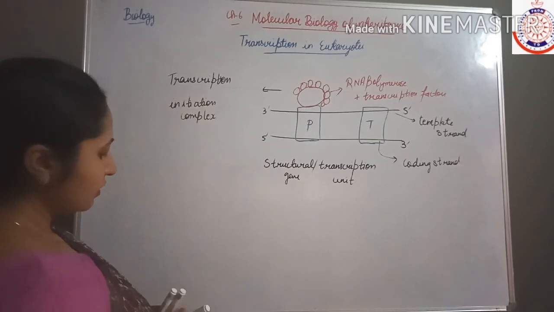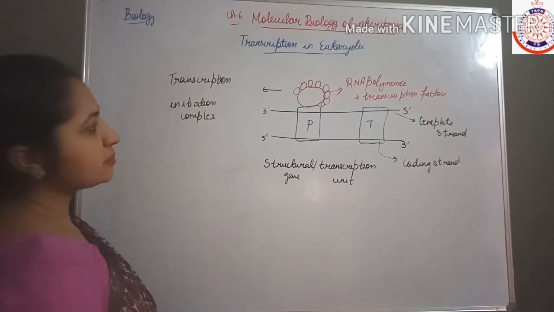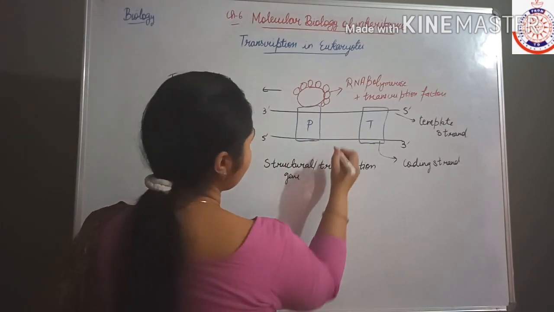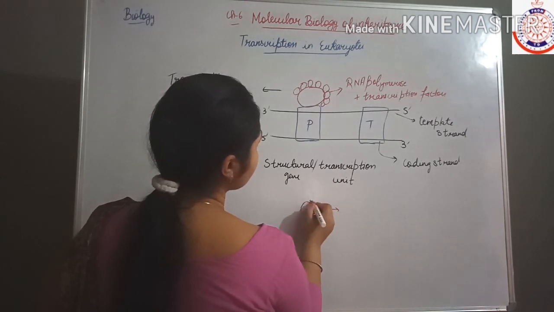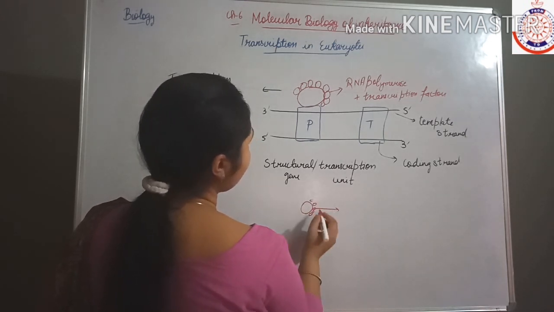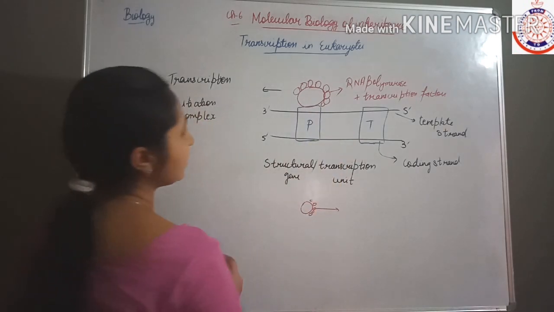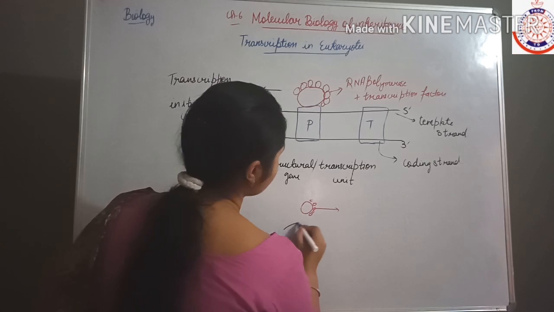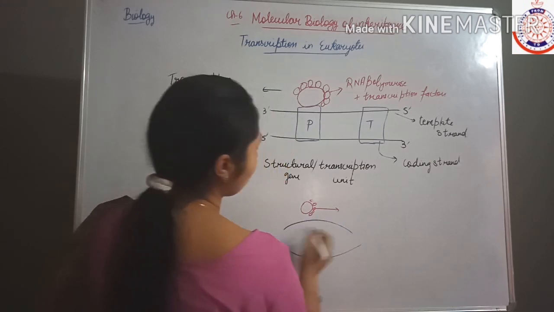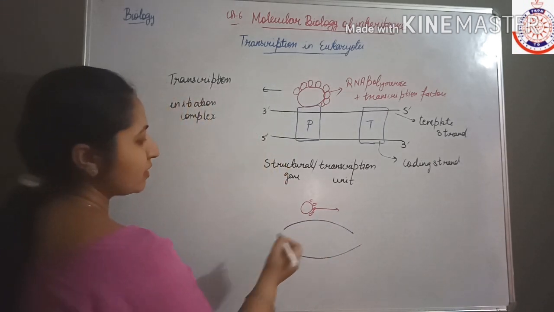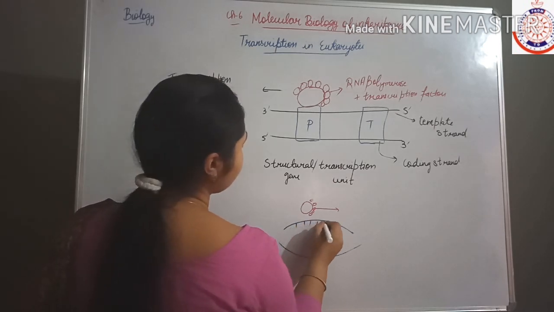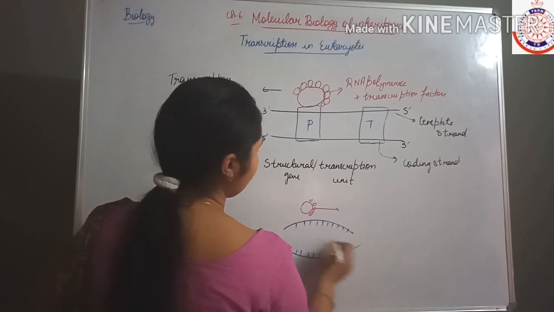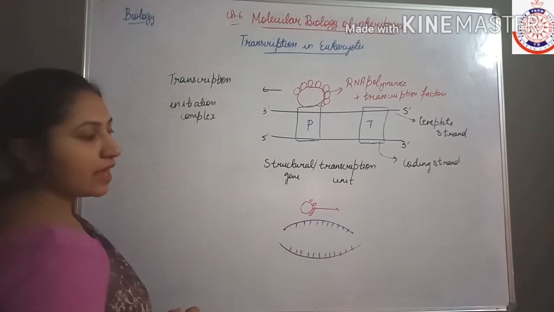When this RNA polymerase plus the transcription factors move over this DNA helix, the two strands will get separated and uncoiled. When they get uncoiled, the bases present over the DNA helix will get exposed.